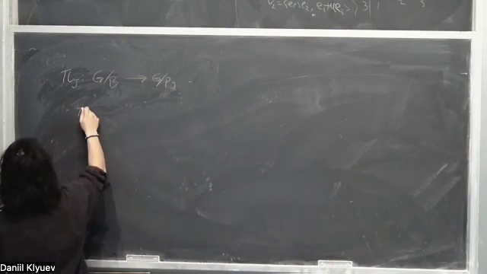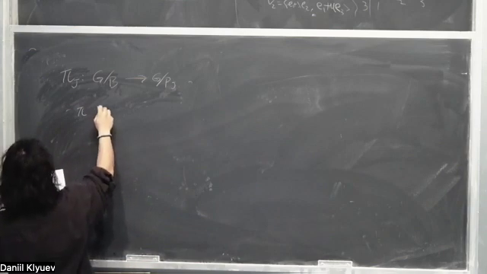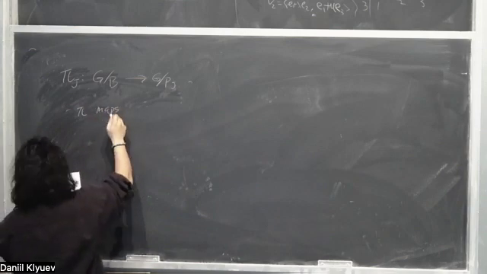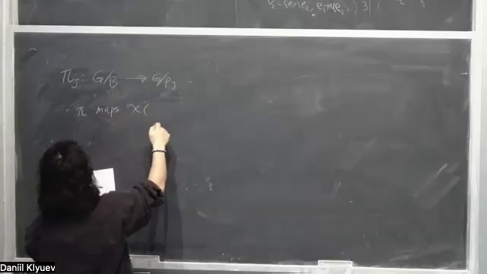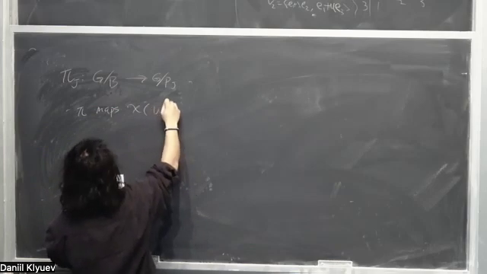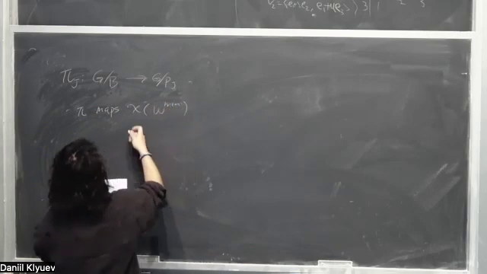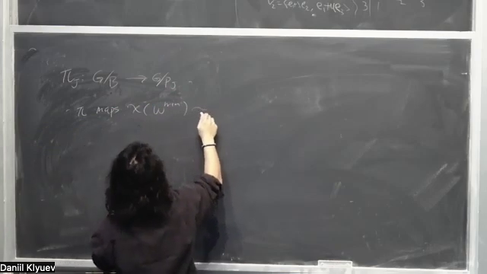For example, pi maps the normal Schubert cell here corresponding to a minimum representative isomorphically to this.